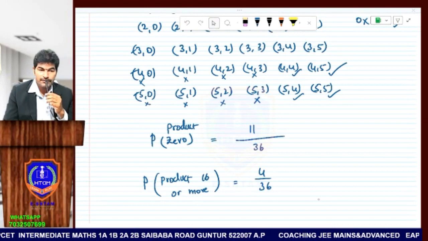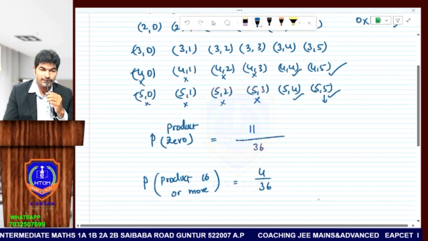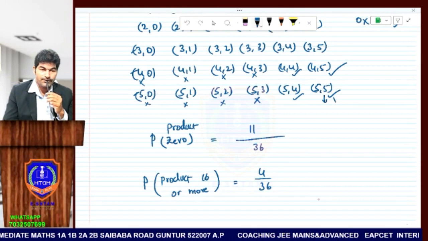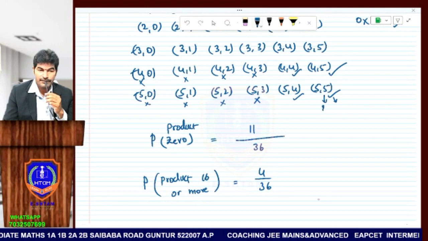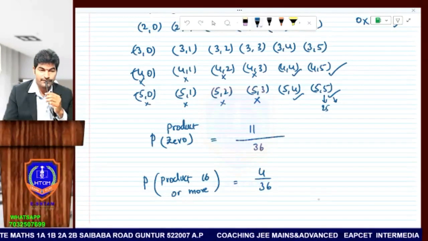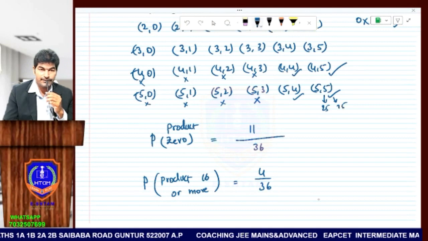In both throws, 5 turned up, first throw and second throw, right? 5 times 5 is 25 for the first product, and 25 for the second product. So one event. Understood?